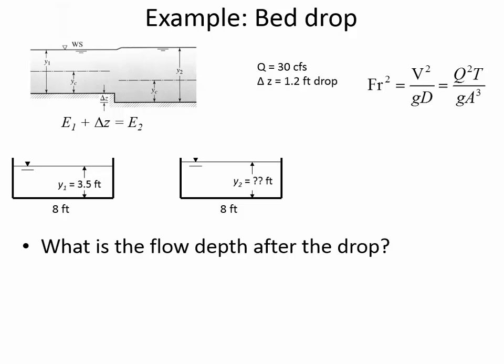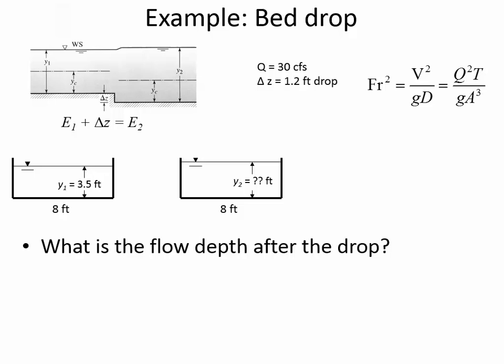I'll say that the energy at 1 plus the delta Z is how much energy there is at 2. In other words, Y1 plus V1 squared divided by 2g is equal to Y2 plus V2 squared divided by 2g minus delta Z. So I just moved the delta Z from the left-hand side of the equation to the right-hand side.